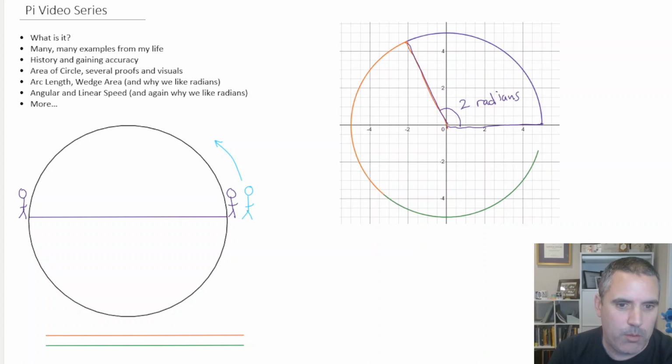Okay, so then we do it again. In this example, the diameter was 10. So this was 10. Let's just say feet. We walked 10 feet from here to here. Great. And then we're going to go again. This is 10 feet.